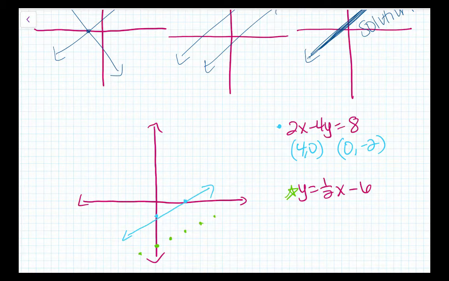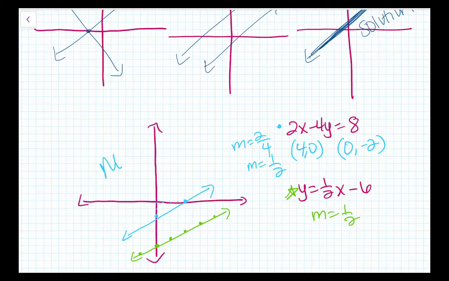Okay, and now I can see that these are never going to intersect because I can compare their slopes. Obviously, the slope of the green one is 1 over 2. The slope of the blue is up 2 over 4, which is 1 over 2. So again, they have the same slopes, therefore they are parallel, therefore there is no solution. They are never going to intersect.